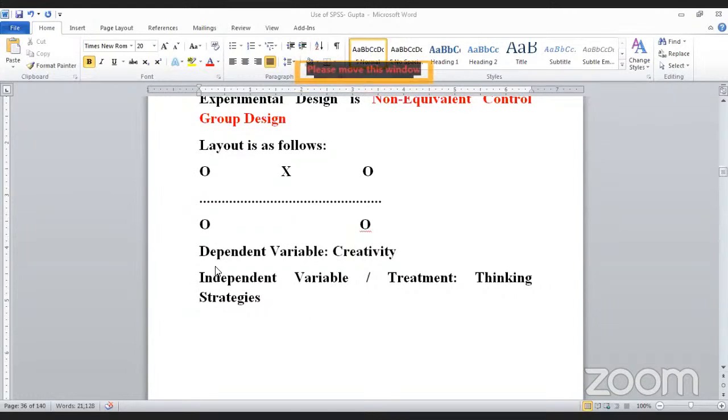So the independent variable is this, and the dependent variable is this. Now I'm taking the title. A study of.